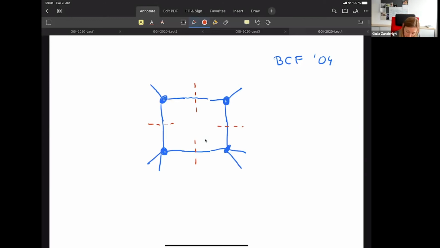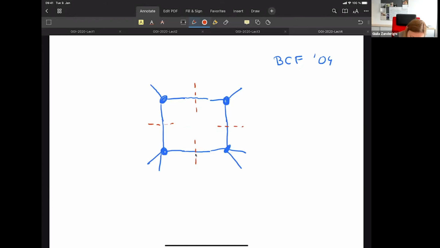A cut means imposing that a particle is on shell, and for this to be possible kinematically you have to use complex momenta. But for instance, they could extract, in the first approximation, the coefficients of box integrals. Something like this is a box integral because it involves four external vertices. They could extract them by doing these multiple cuts on the amplitudes. So this was one of the first breakthroughs.